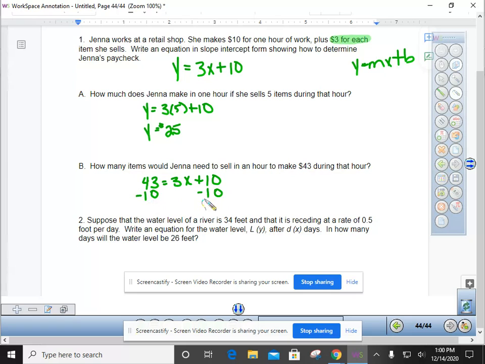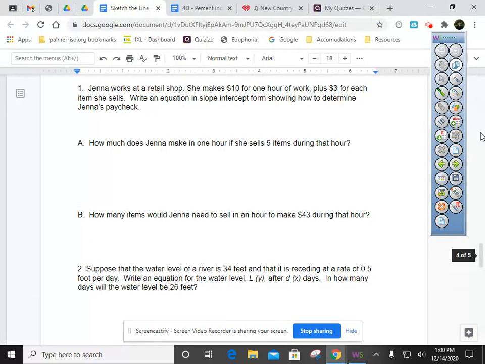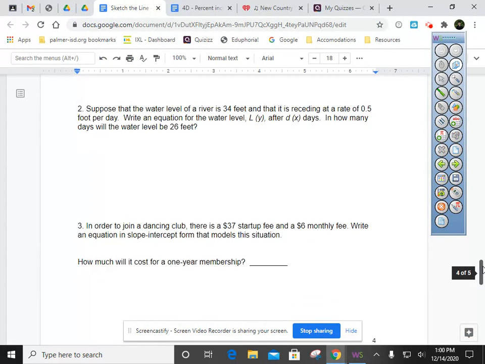We did it on the right, we did it on the left. And we are left with, I believe, 33 equals 3x. And then you do what? Divide by 3, and you get x equals 11. Good. So far, so good? Okay, good. Okay, number 2.